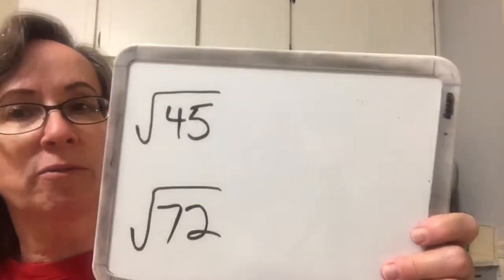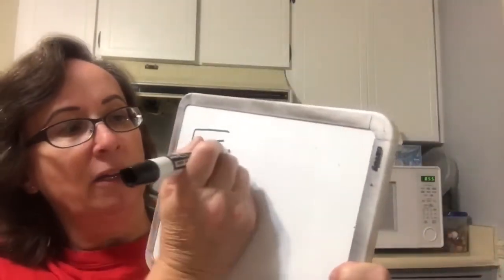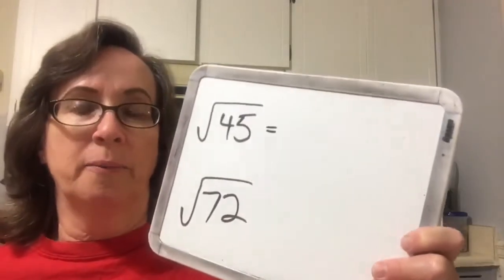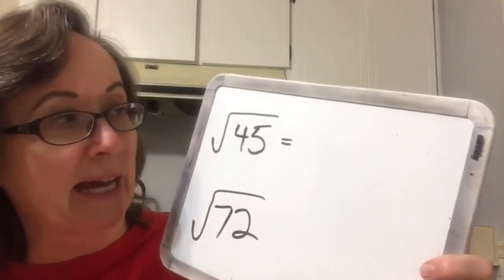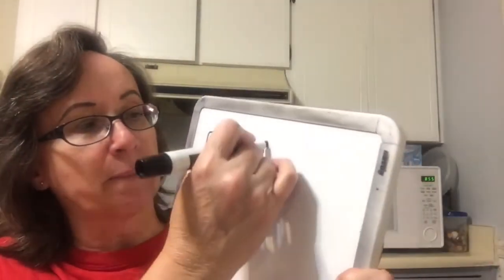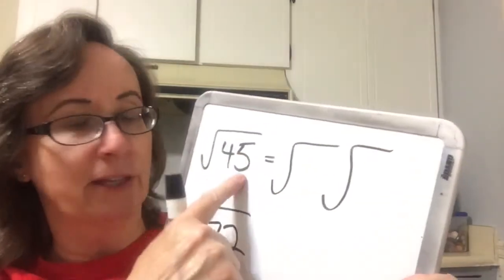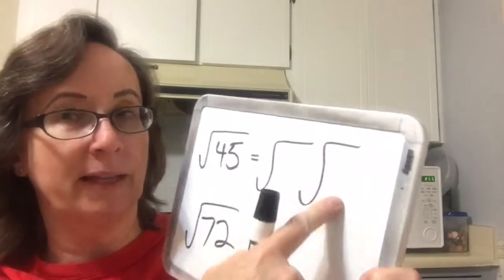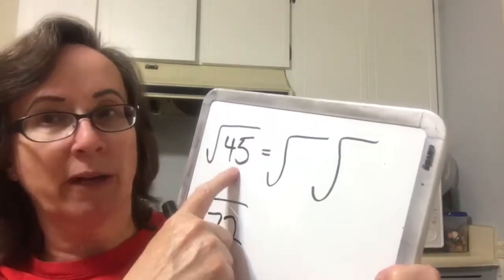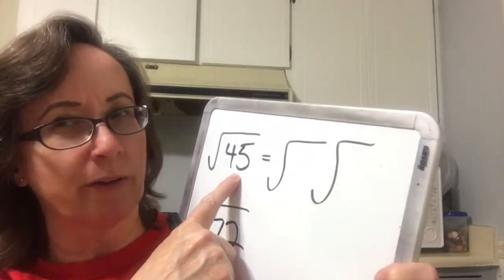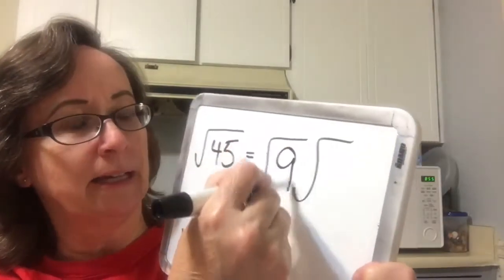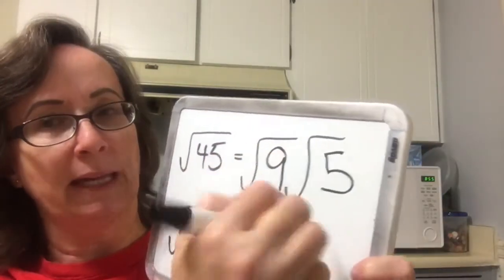Here we've got the square root of 45. The way that I like to do them, I like to always split them into the largest perfect square that you can find in that number, and then the leftovers. So 45, the largest perfect square that's in 45 is 9. And so then the other one would be a 5.